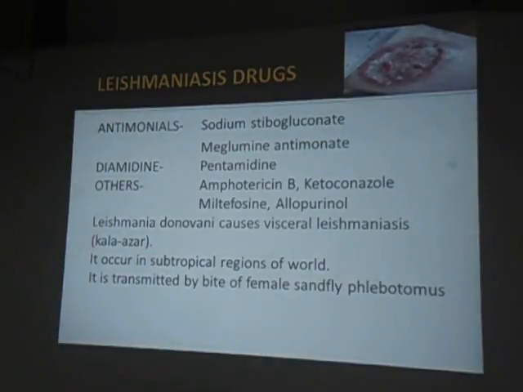Ketoconazole and allopurinol are also used. Do you remember where allopurinol is used? It is a purine analog. In visceral leishmaniasis, we can use amphotericin B.